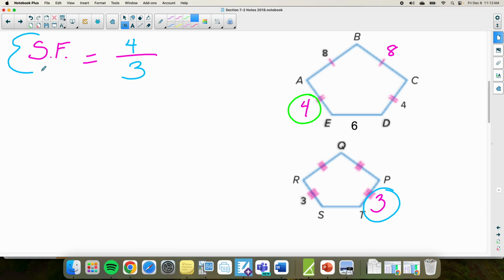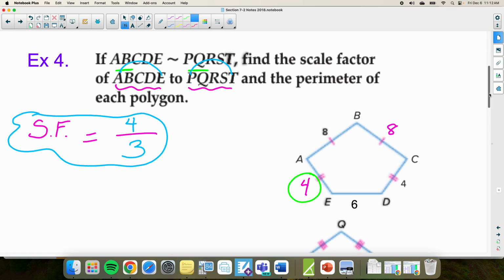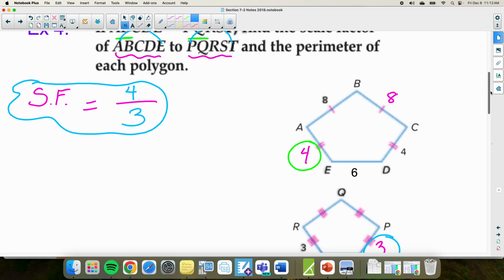That's my first answer. Now what it says is find the scale factor, we did that, and find the perimeter of each polygon. Do we know the perimeter of this just by adding these 5 going around? Do we know it already? Yeah.